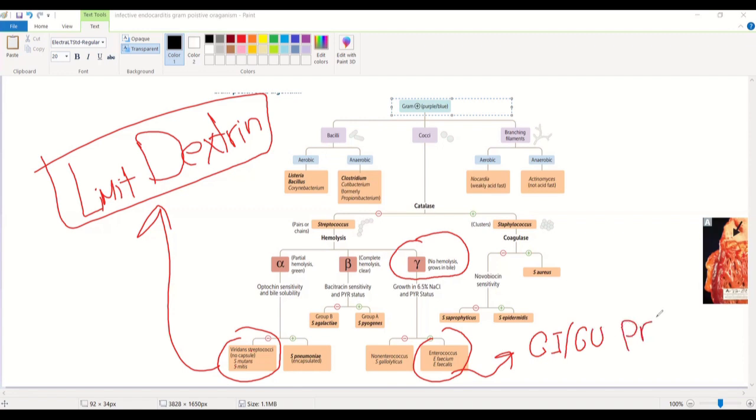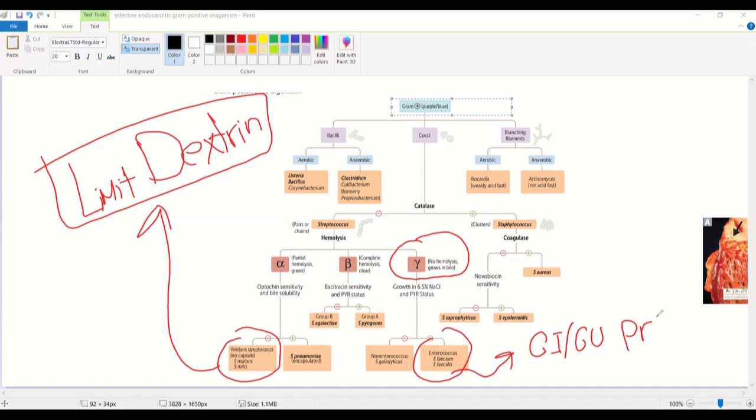So they give you the history of fever, new onset murmur, and the key points. These are the key points, right? GI procedure and genitourinary procedure, right? GI procedure, sometimes they give you the history of endoscopy, right? And genitourinary, they give you the history of cystoscopy. So you keep in mind which organism is responsible, Enterococcus, right?